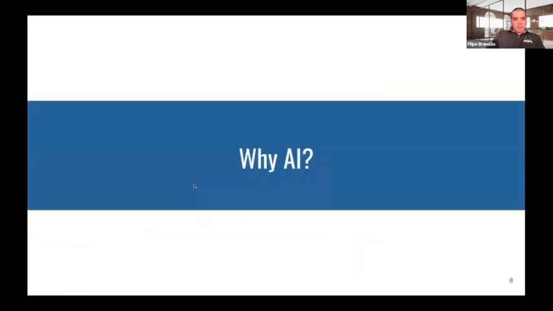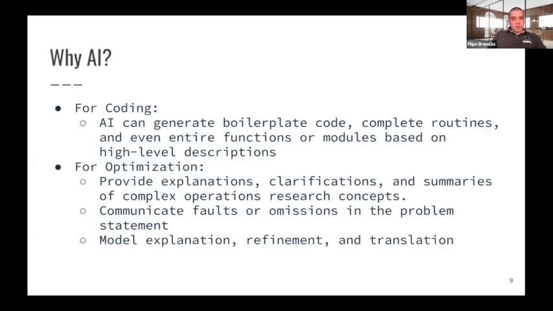Now, why AI? People are already quite aware that AI is quite powerful for generating code. That is one well-known feature. But for optimization, it also has several use cases. One use case in particular is, for instance, you are in a certain industry and you might just want to know what kind of problems you can optimize in that industry.